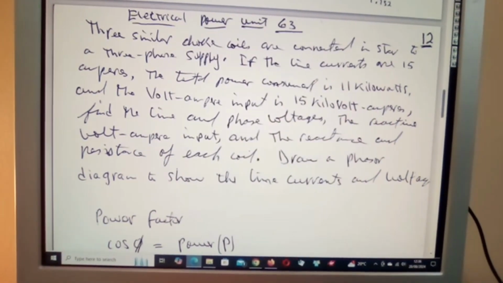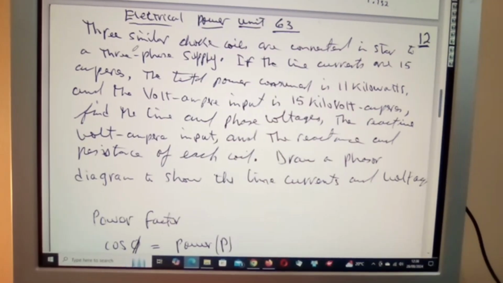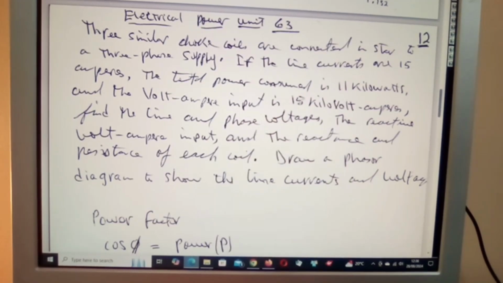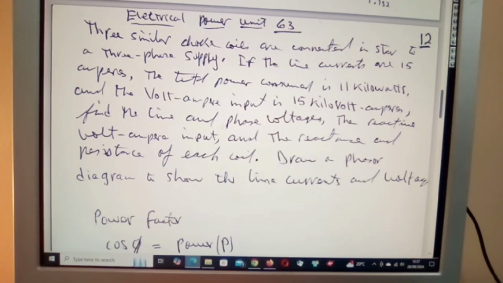Now, let me just go back to that. Three similar choke coils are connected in star to a 3-phase supply. If the line currents are 15 amperes, the total power consumed is 11 kilowatts, and the volt ampere input is 15 kilovolt amperes.